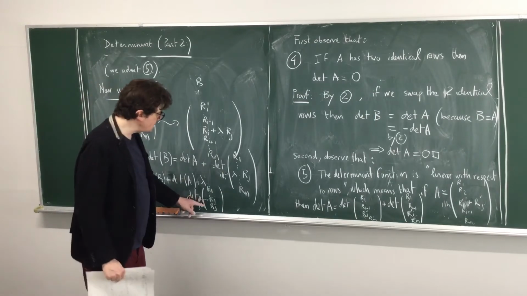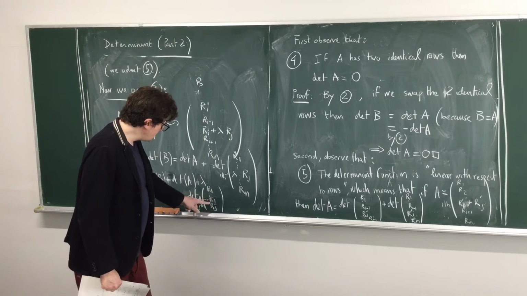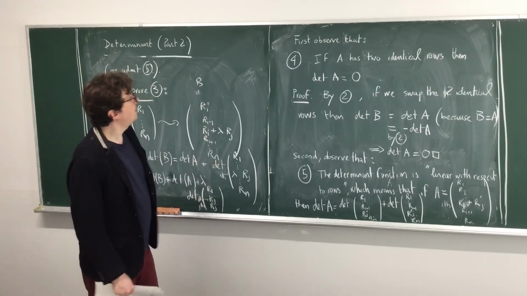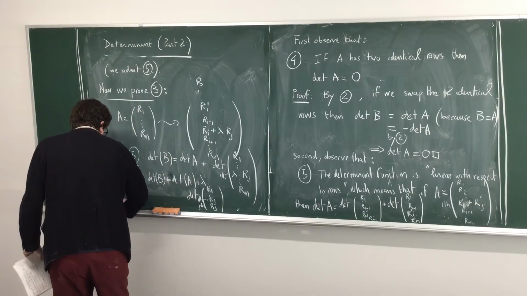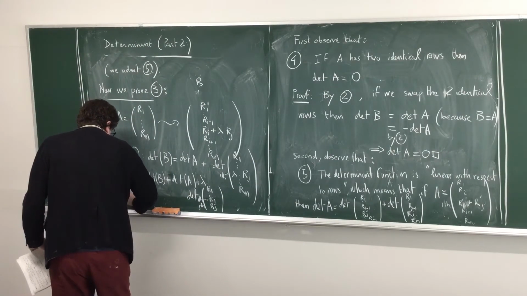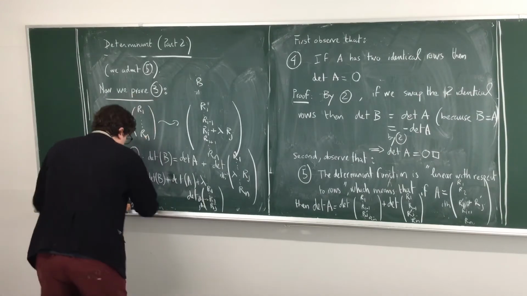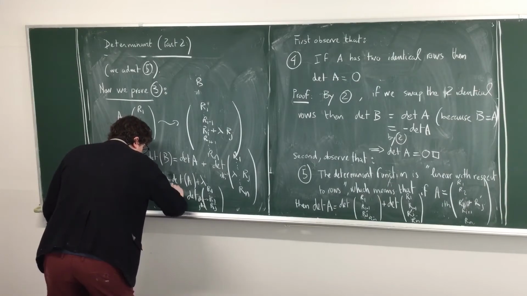But the important thing is that this matrix, as you can see, has two rows that are identical. And now we can apply 4. So applying 4, I get that determinant of B will be equal to determinant of A plus 0.